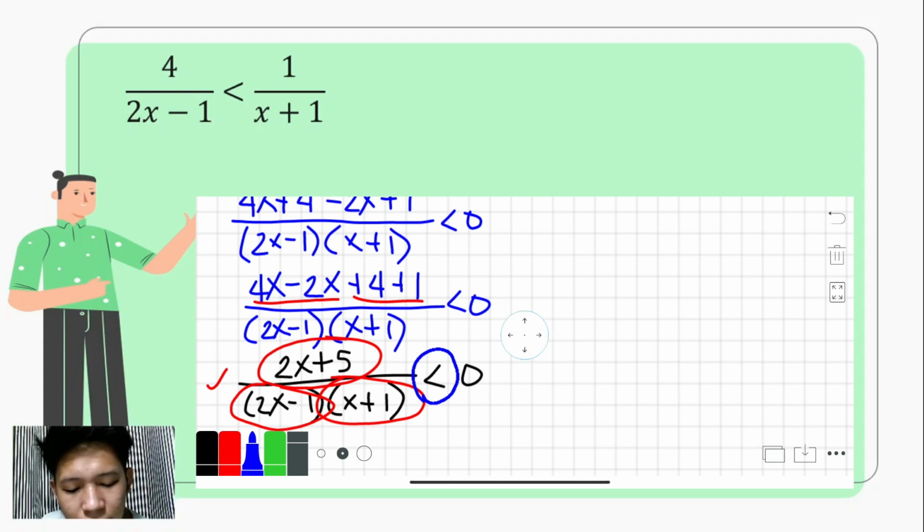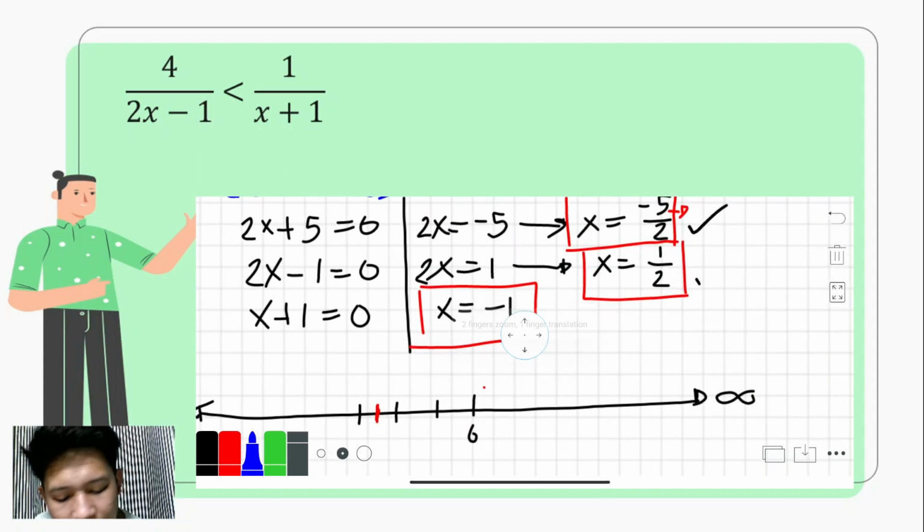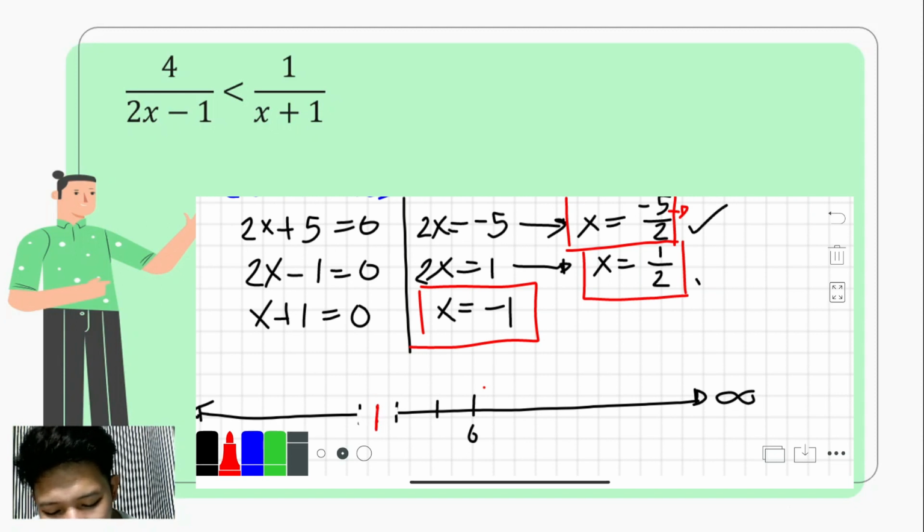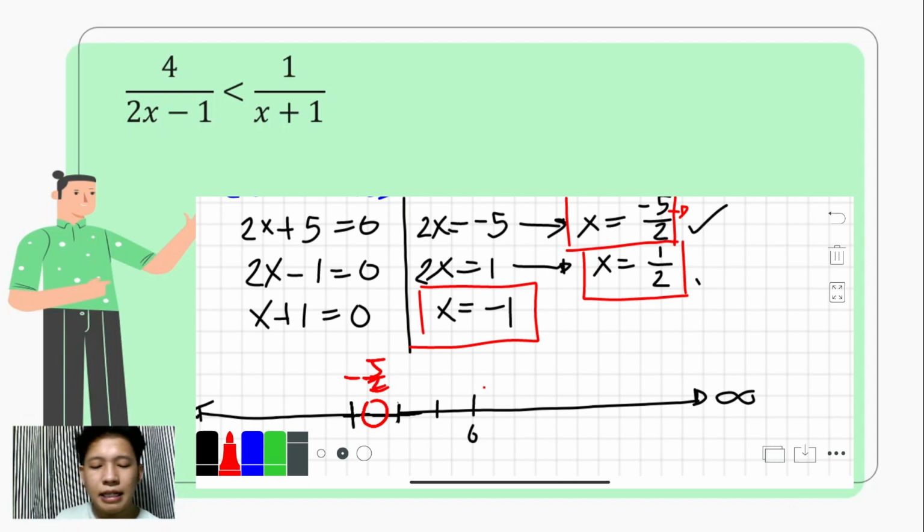So, hollow dot po yung ating ilalagay kay negative 5 over 2. Okay? So, this is a hollow dot. Okay? Perahin ko lang. So, this is our first critical value. This is negative 5 over 2. So, that would be our first critical value.